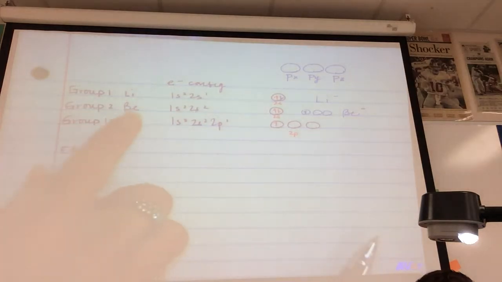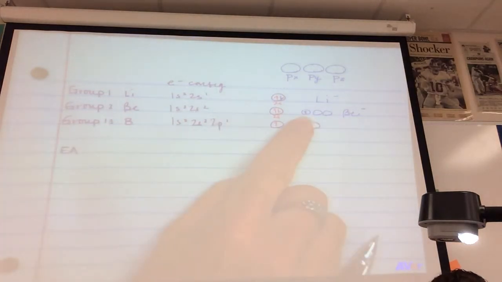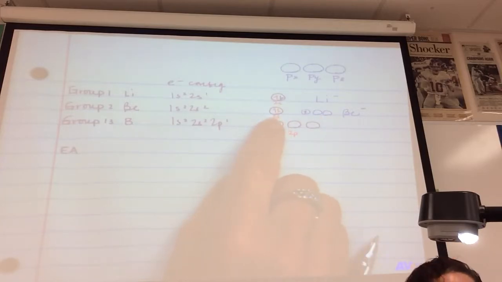So for beryllium to attract and hold an electron, it would have to attract it to the 2px orbital of the 2p subshell, and you will see that electrons in the 2p subshell are not bound as tightly to the atom's nucleus as electrons in the 2s.